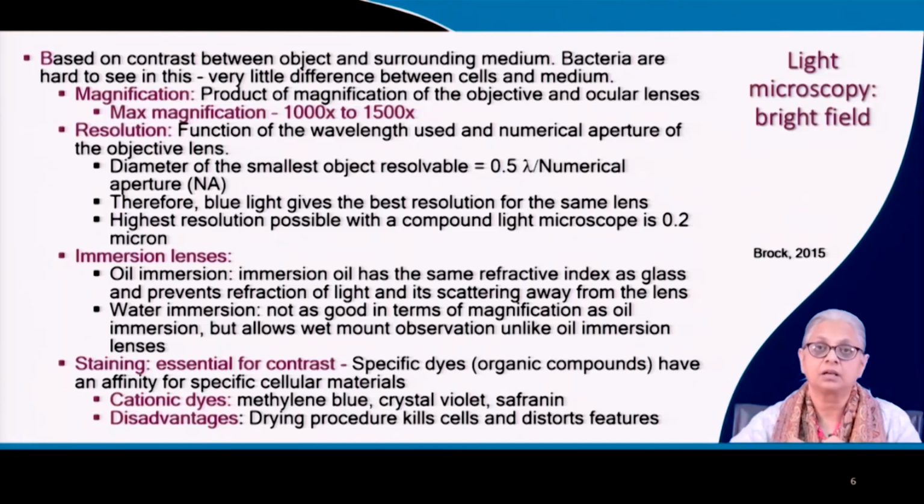It was a living mount, not a dead mount. So the only disadvantage of staining is that you're looking at dead cells. The drying procedure kills the cells, and it can distort the features of the cell.